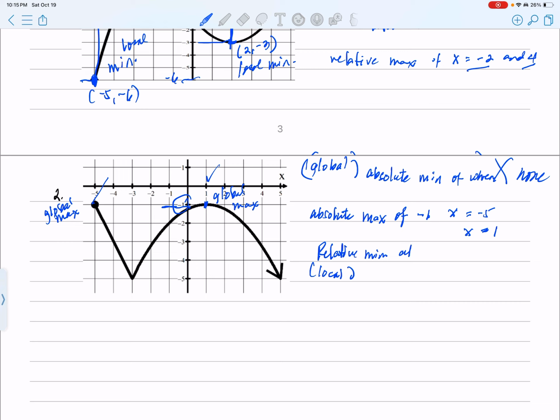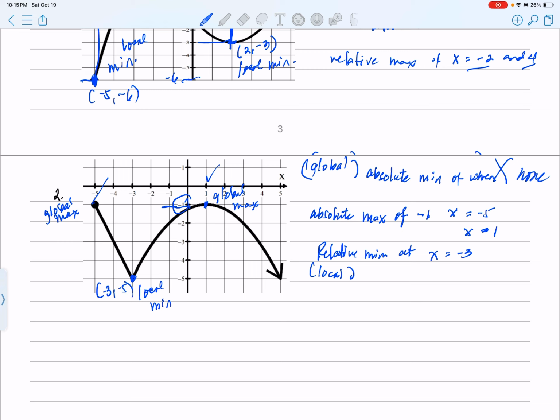Where can we find that? When x is at negative 3, right here. I think this is the only one. This point is negative 3 in x and negative 5 in y.